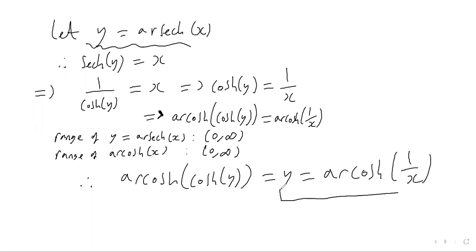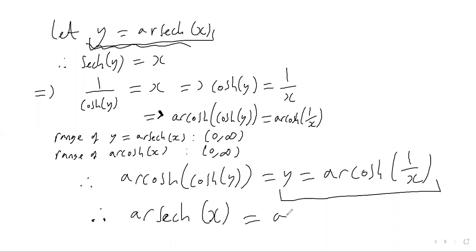And indeed, y equals arcosh of 1 over x, and y equals arsech of x, and so therefore those functions are the same. So arsech of x equals arcosh of 1 over x for all x values in the domain.